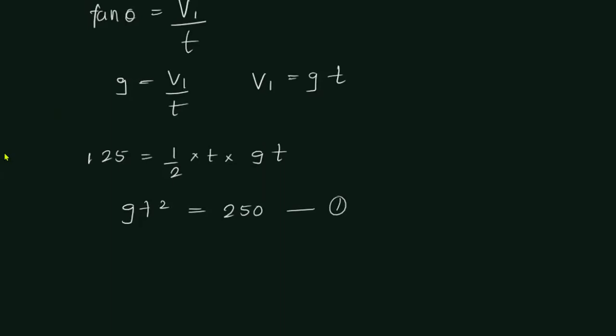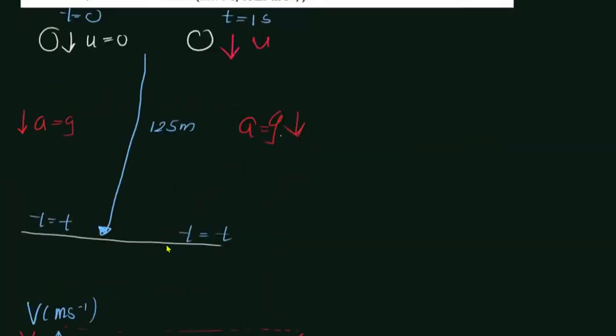If g is 10, t squared is 25, so t is going to be 5 seconds. We have found that.